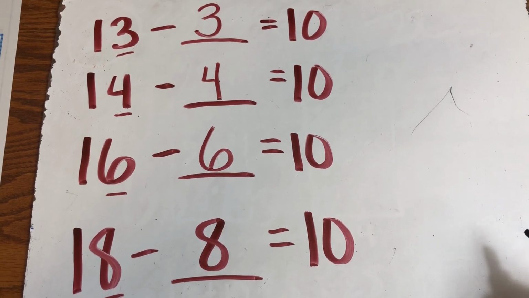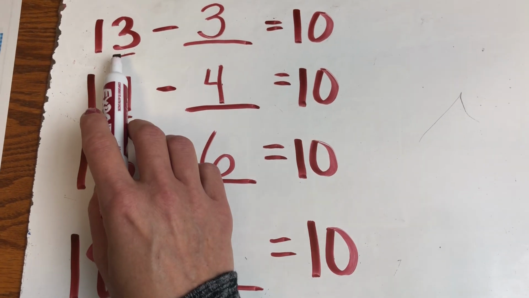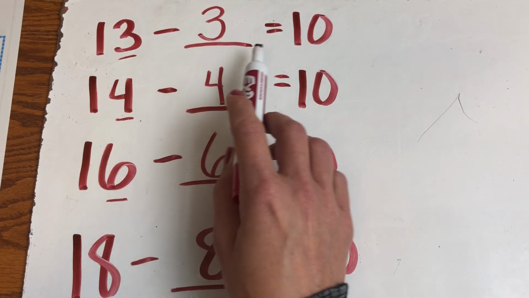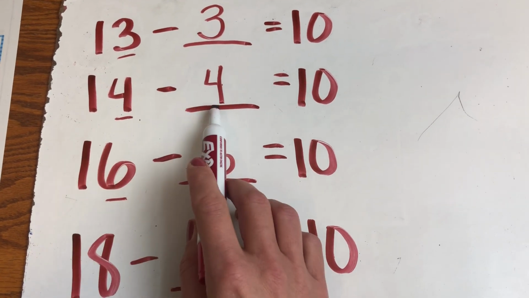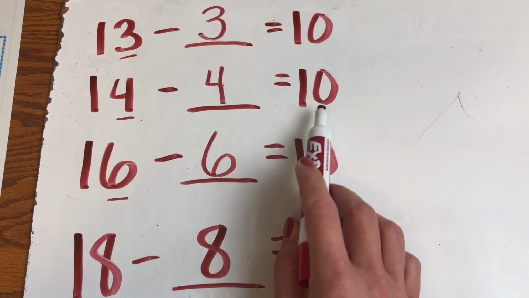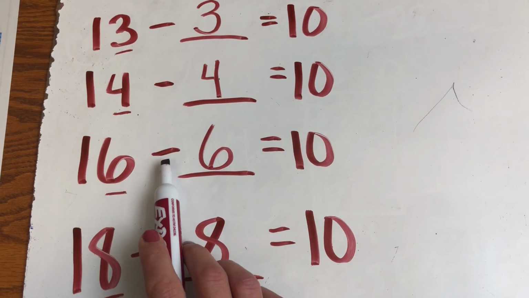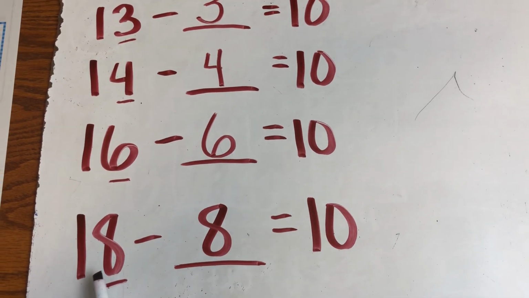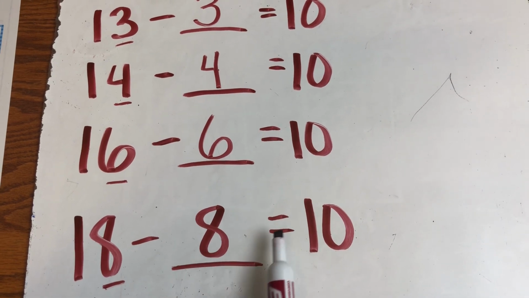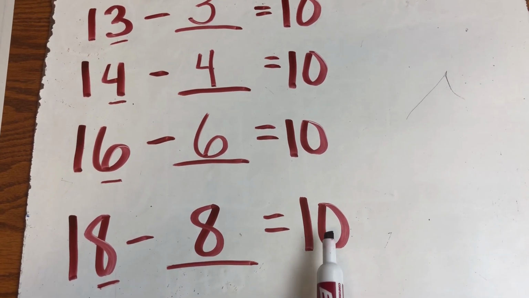Good. Let's practice reading them together. 13 minus 3 equals 10. 14 minus 4 equals 10. 16 minus 6 equals 10. 18 minus 8 equals 10.